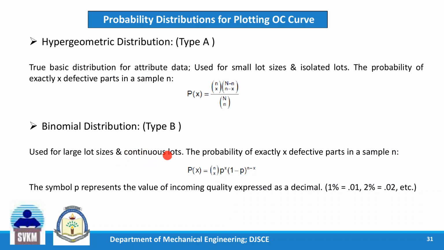So lot size is not considered in the calculation of the probability, whereas in the first case, the hypergeometric distribution, you can see that the lot size is important. Capital N is involved in the calculation of the probability of acceptance. In the binomial distribution, the lot size is very big or infinite.